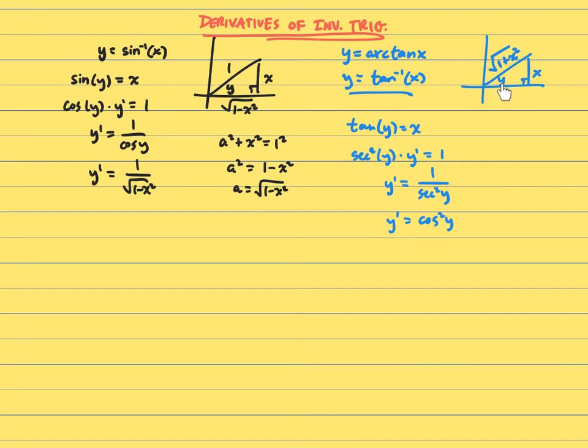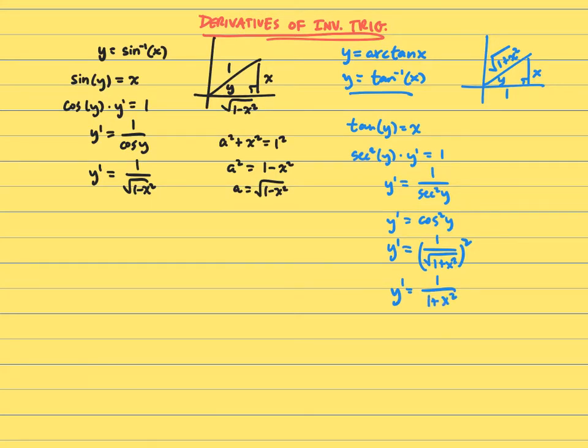The cosine of y is 1 over the square root of 1 plus x squared. So if I were to square that expression, 1 over the square root of 1 plus x squared, I would get the derivative of arctangent of x, which would be 1 squared, which is 1, over 1 plus x squared.